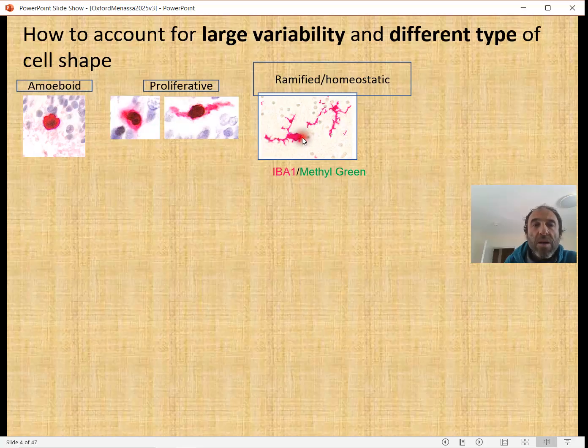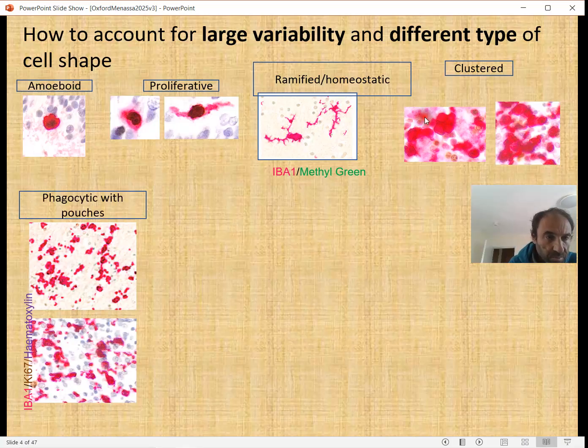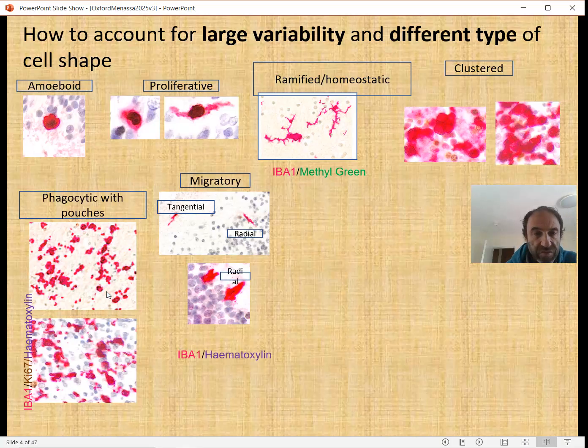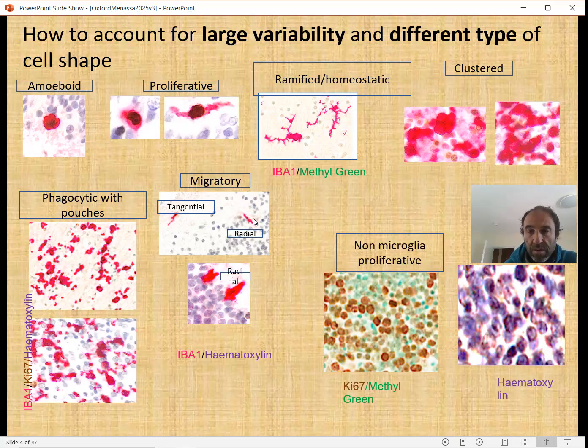You have here this ramified microglia where you see these protrusions that are very relevant when phagocyting anything in the brain. This is the case of the clustering where they can form really, looks like they are forming aggregates. And again, you continue with this variability of, for example, this migratory where you have these tangential, very non-spherical type shapes. Yeah, and this is another example and so on.